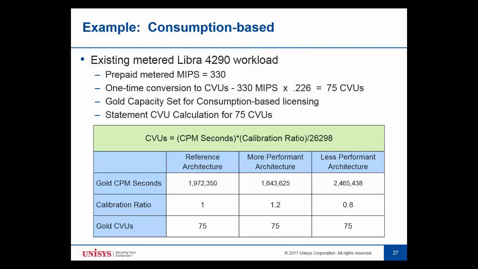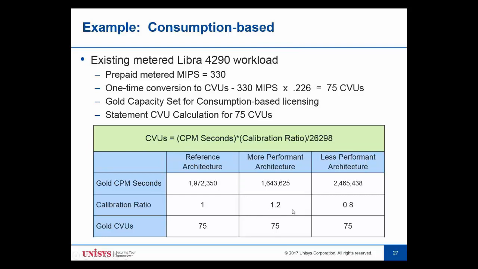If you were to run it on 20% more performant hardware, your calibration ratio would go up, and your CPM seconds would go down, so you would have 1,643 available to you, but you would still be processing the same amount of work, utilizing the same amount of Unisys intellectual property.